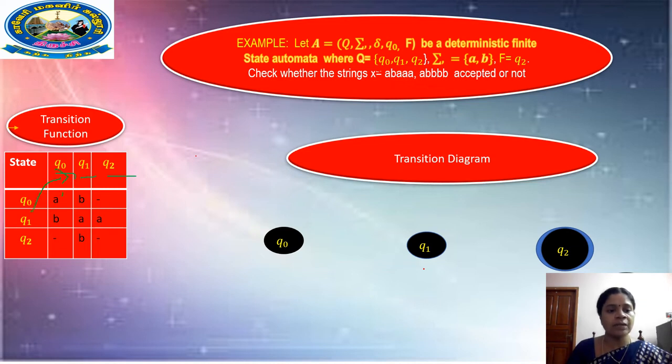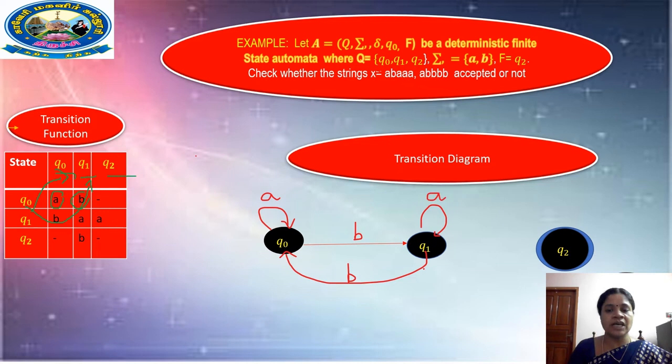We have to take the input symbol as A, that is given here like this. And then it moves from Q0 to Q1 with the input symbol B, that is denoted like this. And then we have Q1 to Q2 with the symbol B.